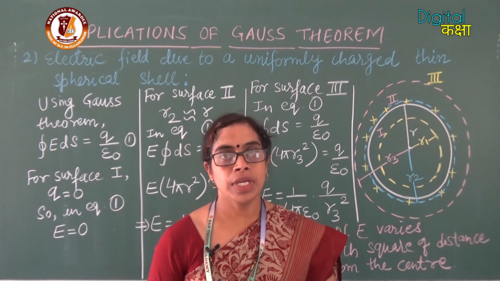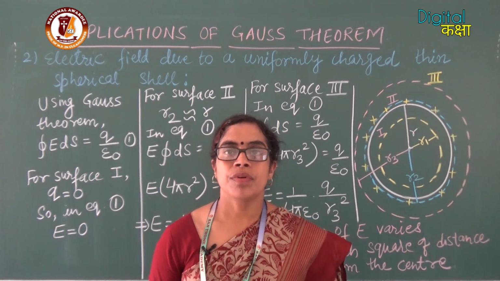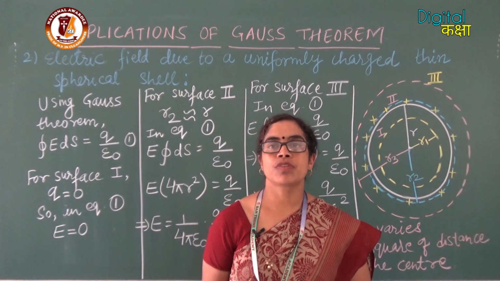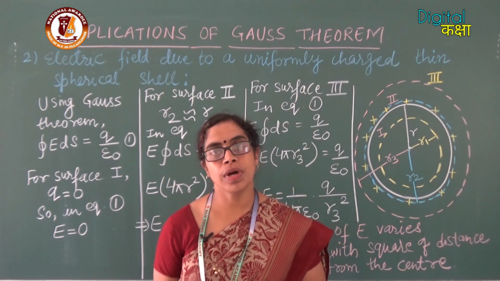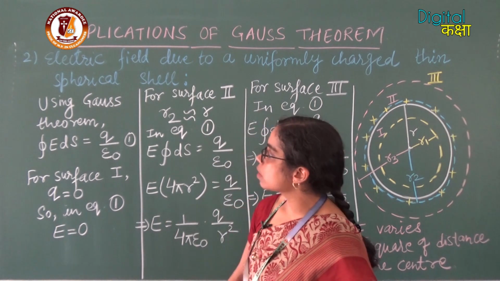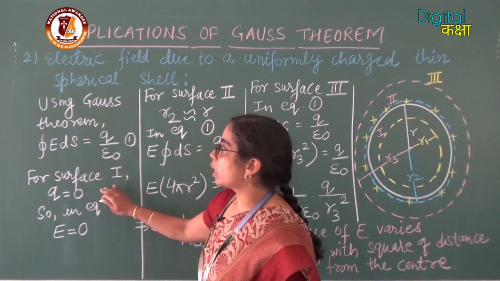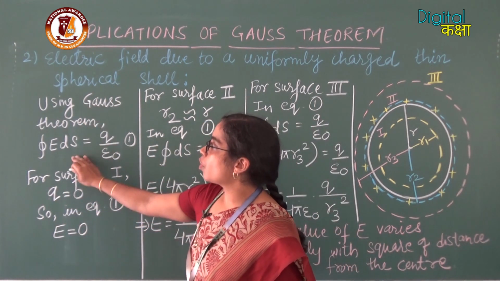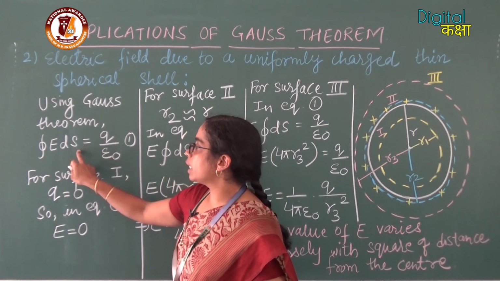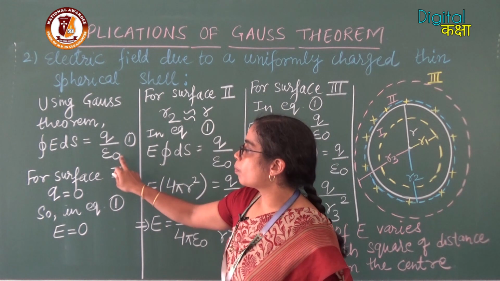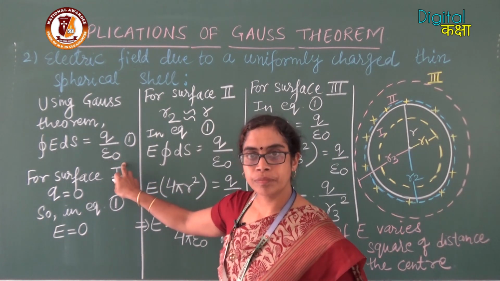So when there are 3 Gaussian surfaces, we will calculate the value of electric field for all these 3 surfaces one by one. Let us start with surface 1. The mathematical form of Gauss theorem is integration of E dot ds is equal to Q upon epsilon naught.